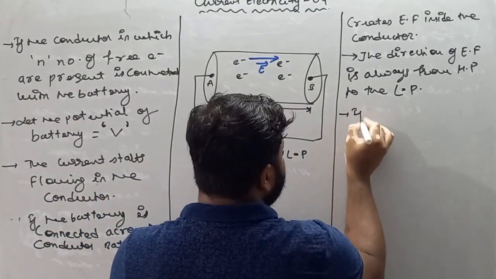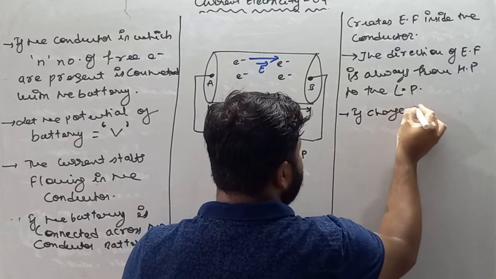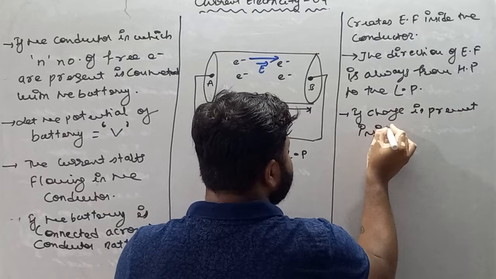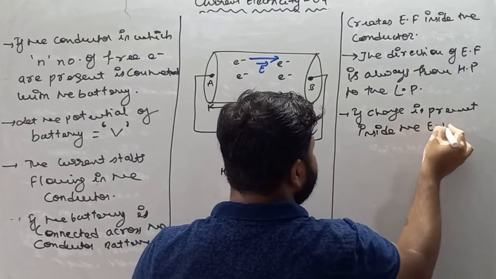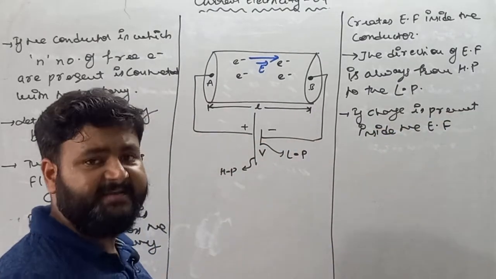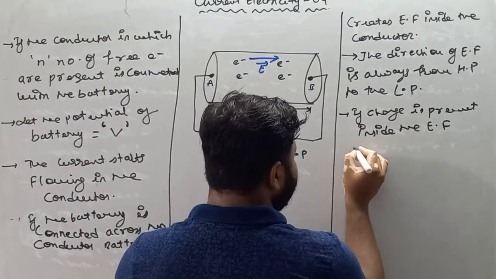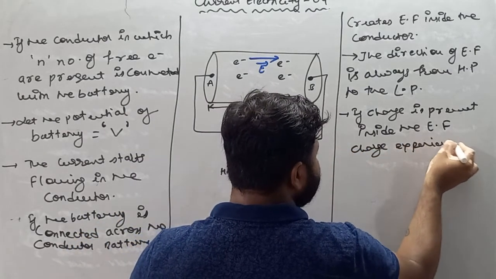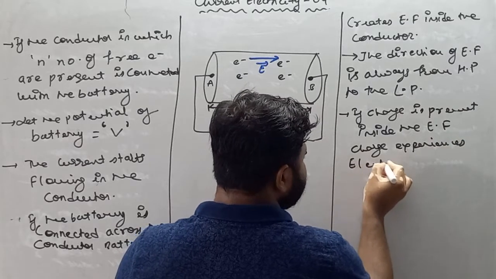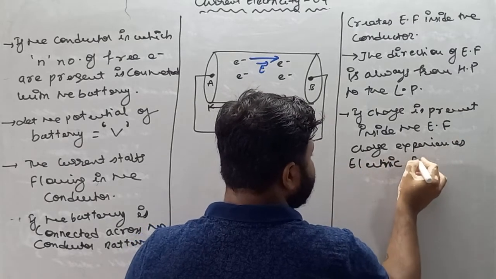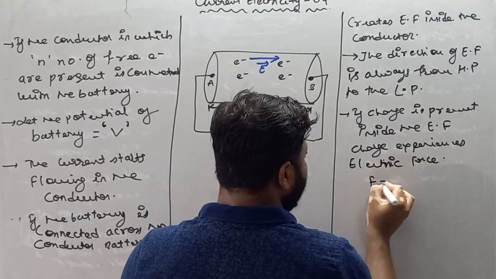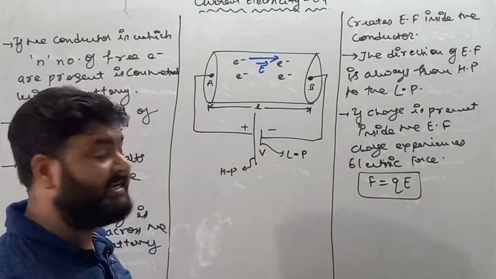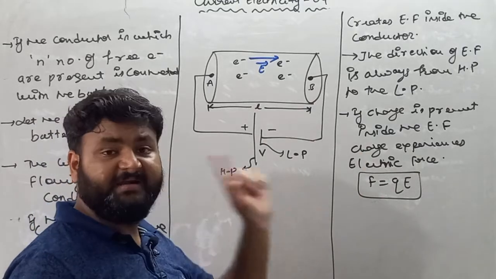As we know, if charge is present inside an electric field, the charge experiences an electric force of magnitude F equals QE. We'll cover this relation in the first chapter.